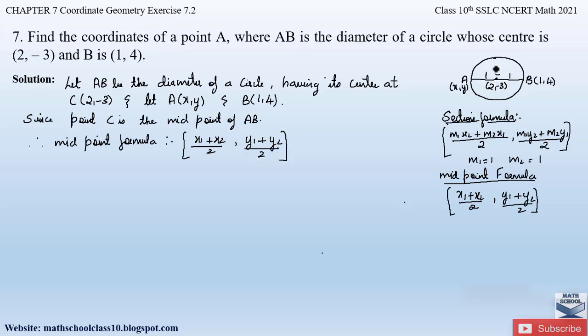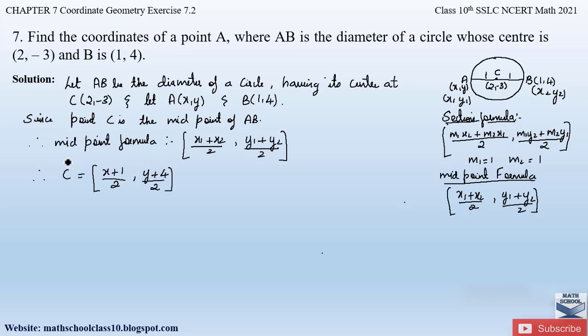We can find the coordinates of the midpoint C by applying this formula to the diameter AB. Let us assume point A to be (x1, y1) and point B to be (x2, y2). So x1 plus x2 by 2 is (x plus 1) by 2, and y1 plus y2 by 2 is (y plus 4) divided by 2.